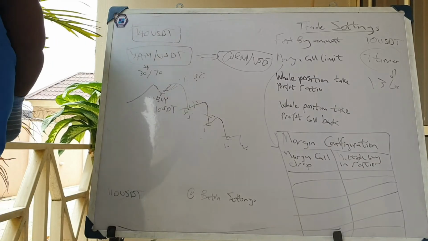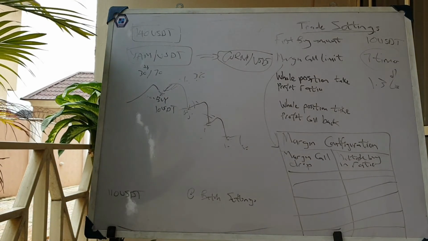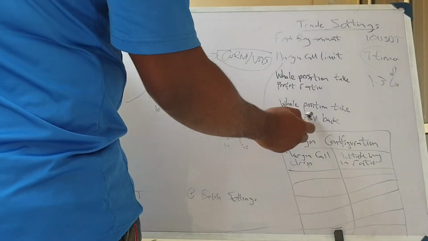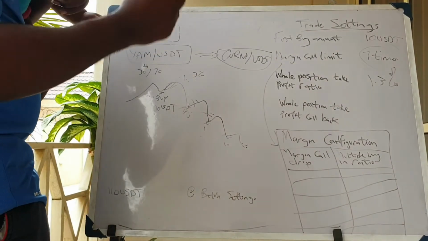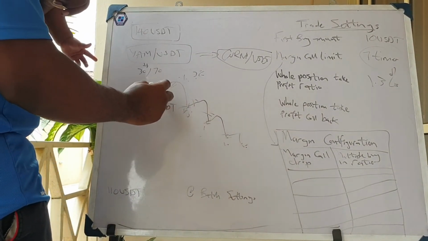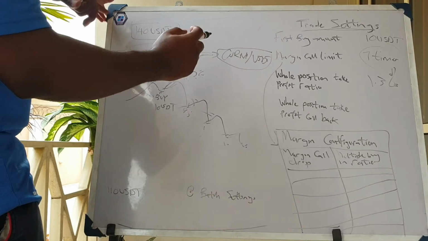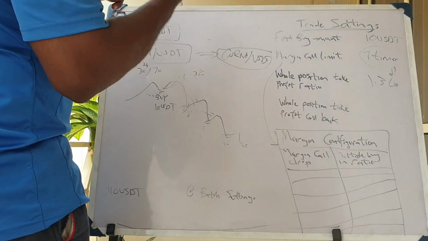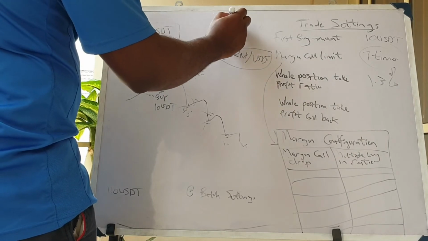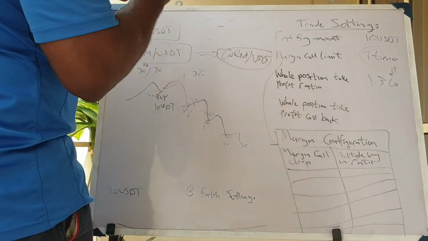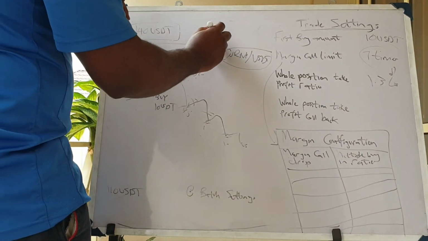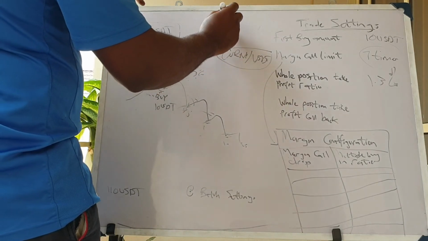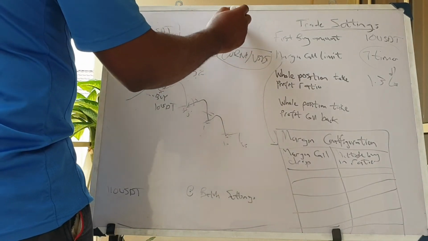The profit goes straight to your Binance. So what position take profit callback simply means: if you have 1.3 as your take profit, and the price is going up, let's say this is where you bought from, this is 1.3 and this is 1%. Price gets to 1%, and once it hits 1.3%, it's supposed to take your profit.